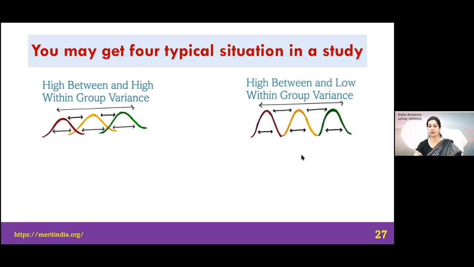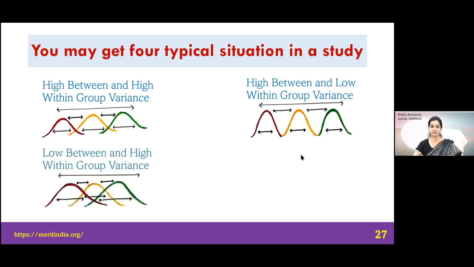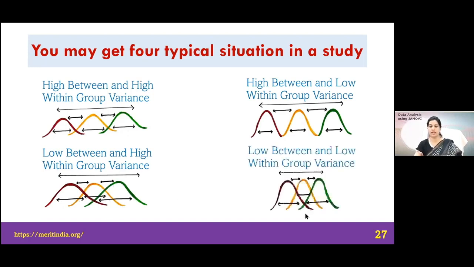This is another example where there is low between group variance because these are overlapping, so the within group variance is high but between group variance is low. And this is another graph where both are low because this is narrow and they are overlapping. So low between group variance and low within group variance.